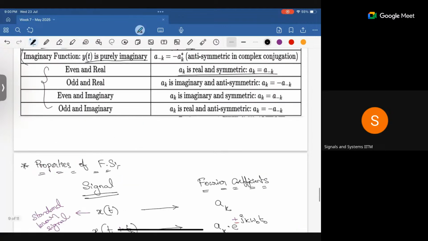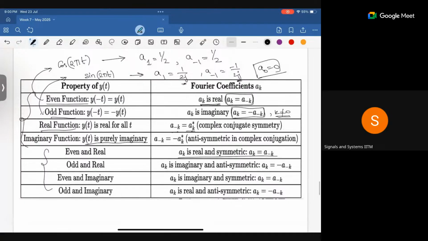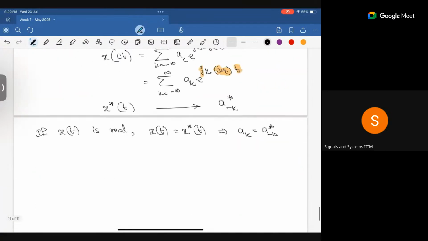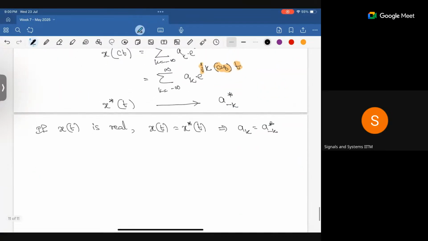And if you scroll a bit above, a minus k is equal to ak star, or you can rewrite it as ak equals a minus k star. So that is one more property, only if x of t is real. These are some properties, and linearity.